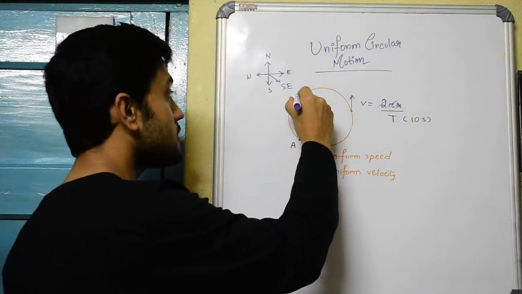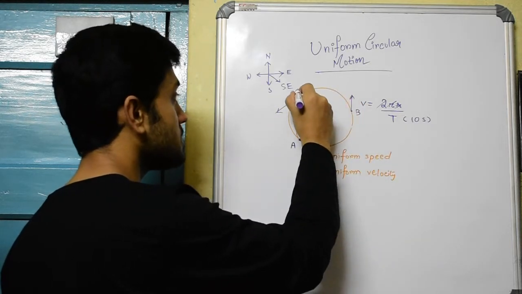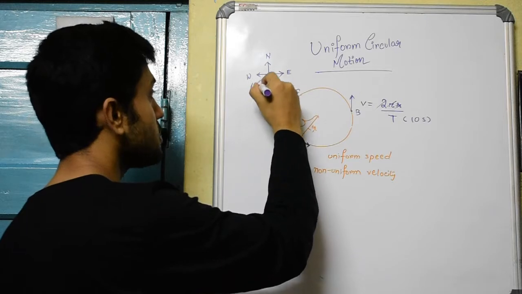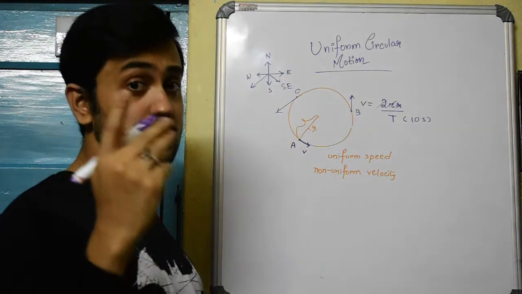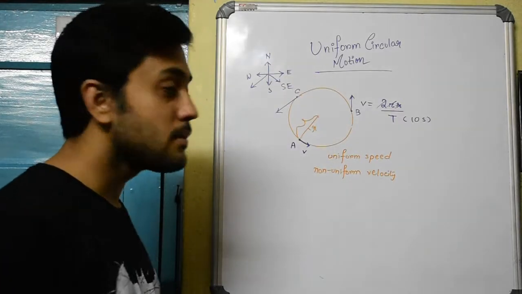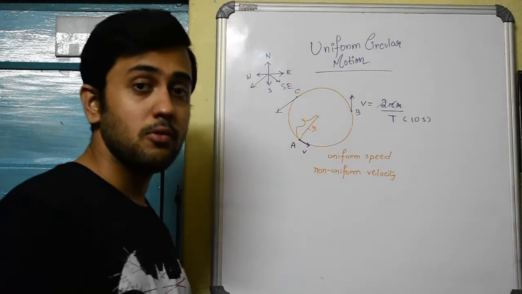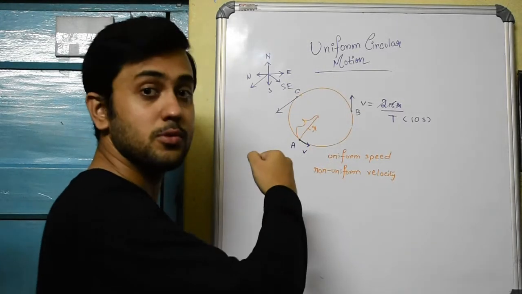At another point, say if I call this point B and this point C, it's moving along this direction, that is a southwest direction, but it has got the same speed again. So during all points of the travelling, this particle has got the same speed, which is 2 pi r by T. What's changing is its direction of motion.